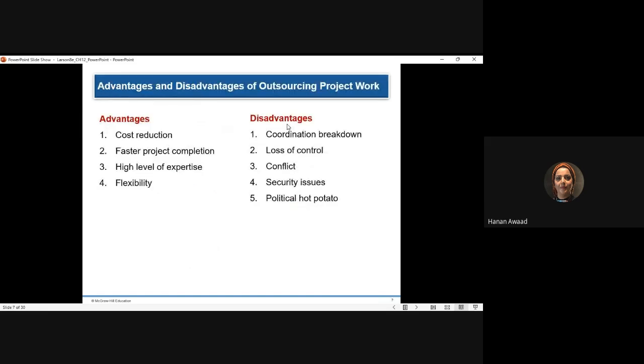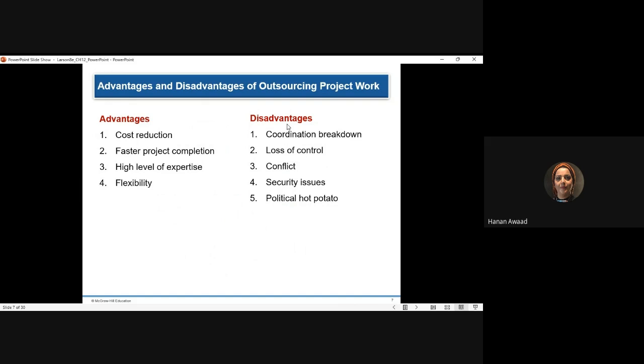So it might look nice to outsource the work, but you have to take the decision carefully. You have to consider so many criteria, and you have to weigh the advantages and disadvantages. So the advantage is you can get some cost reduction, because these companies have the resources, and if you try to do it yourself, it might cost you more.